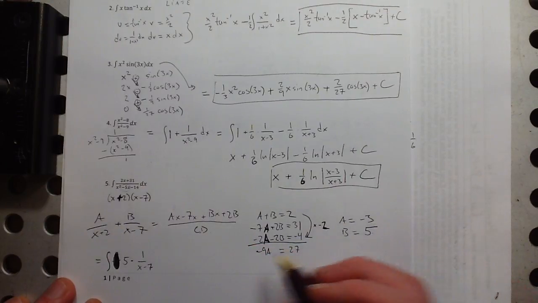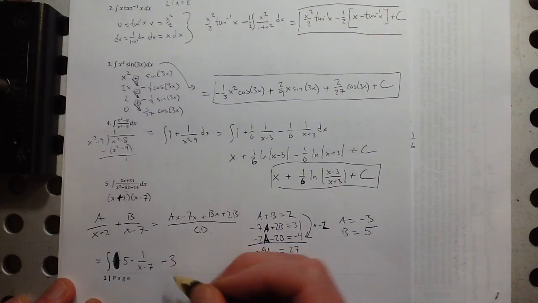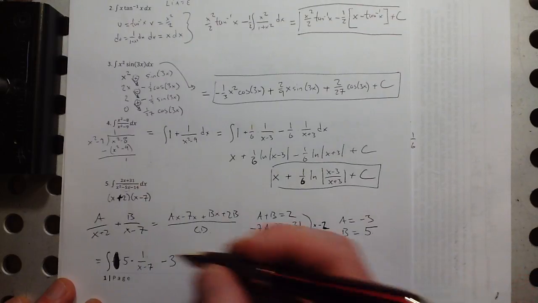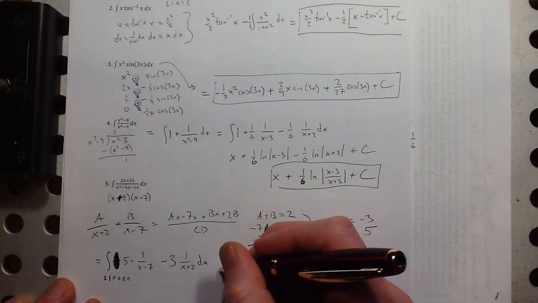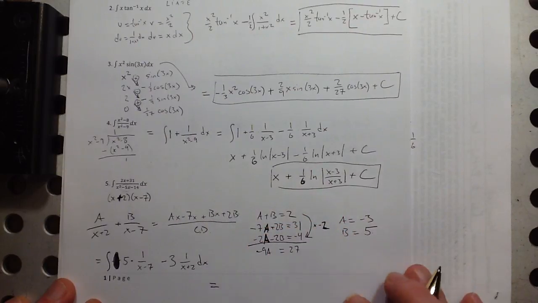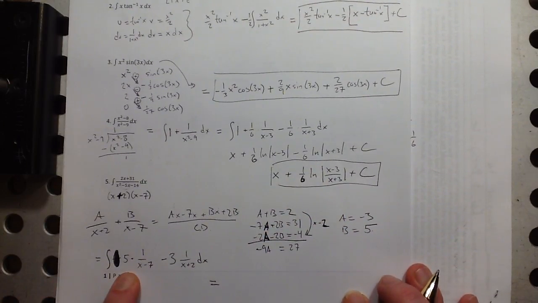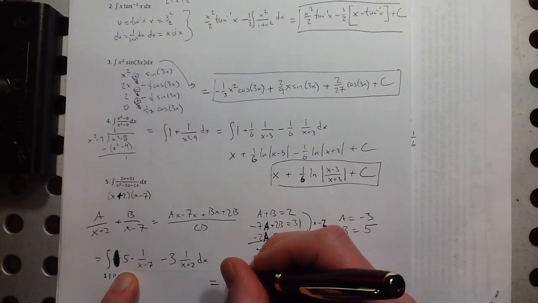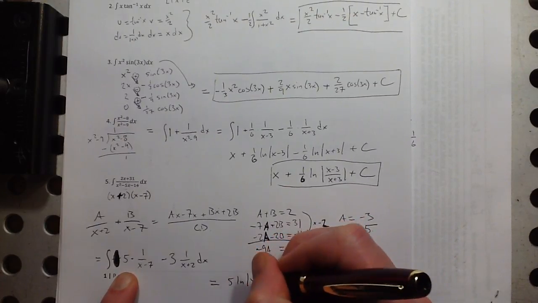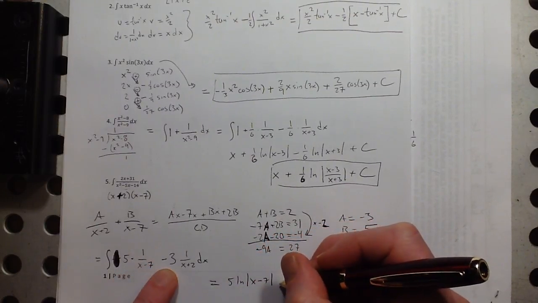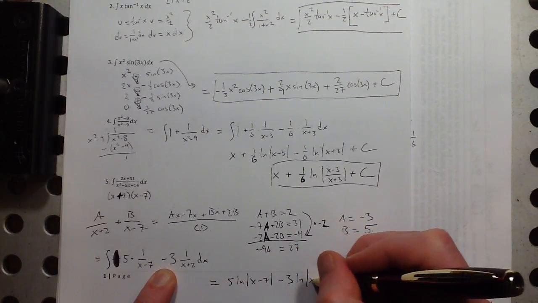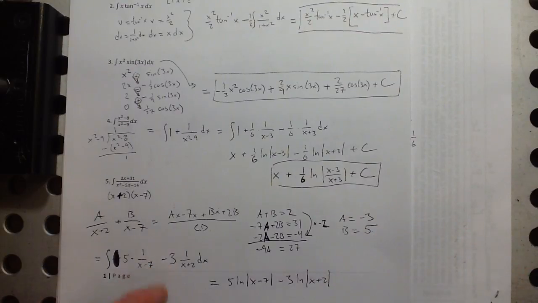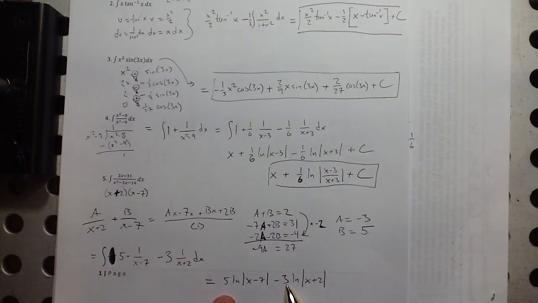And then the A coefficient, that was minus 3 times 1 over x plus 2 dx. So the antiderivative of this is 5 natural log of the absolute value of x minus 7 minus 3 natural log of the absolute value of x plus 2. And because these coefficients are not the same, I can't factor that out.